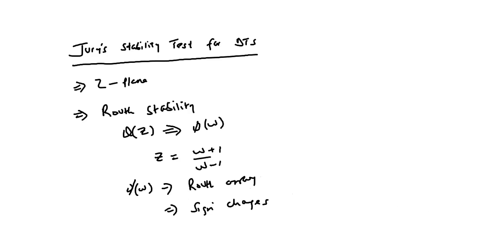Jury's stability test is the third method of establishing the stability of discrete time systems and is carried out as follows.